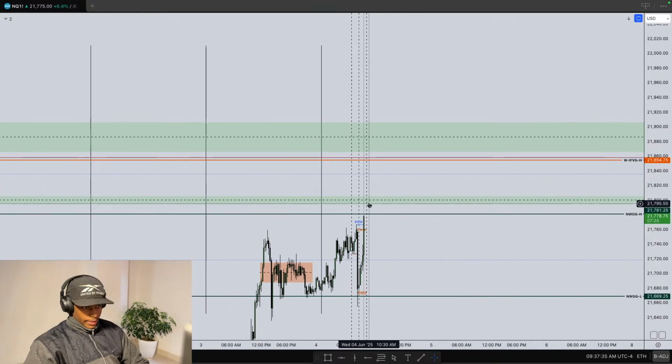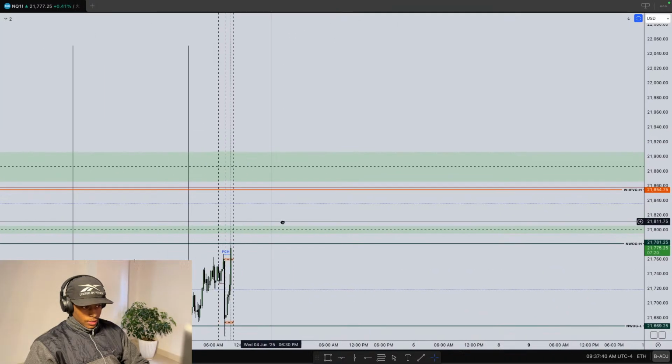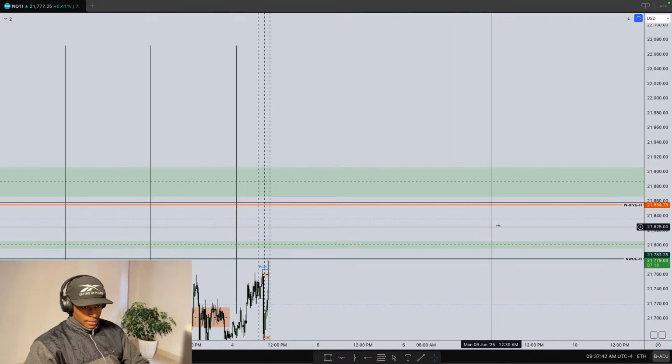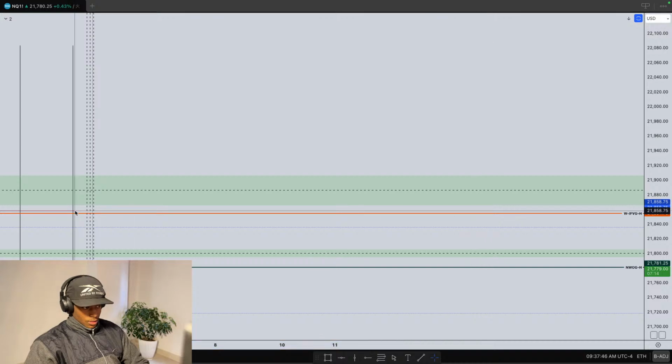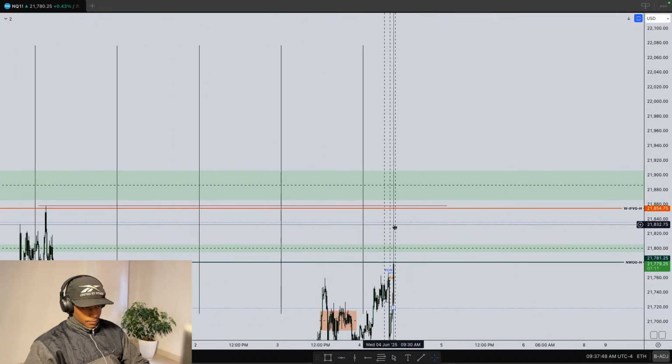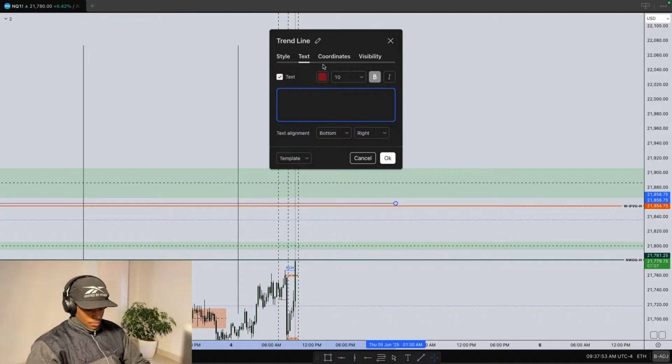Our initial drawn liquidity is this new opening gap here. And then if price shows us that it can start moving above that, the previous week's high is our next drawn liquidity up here. Text previous week high.